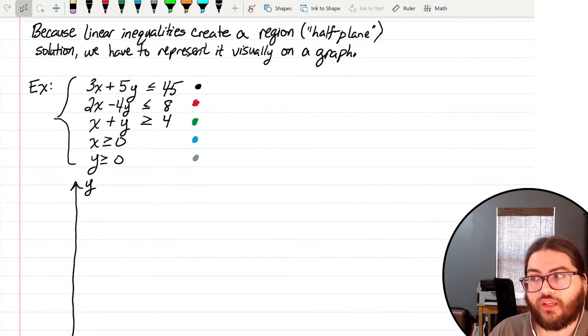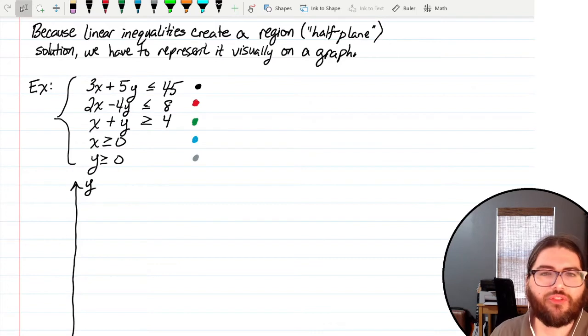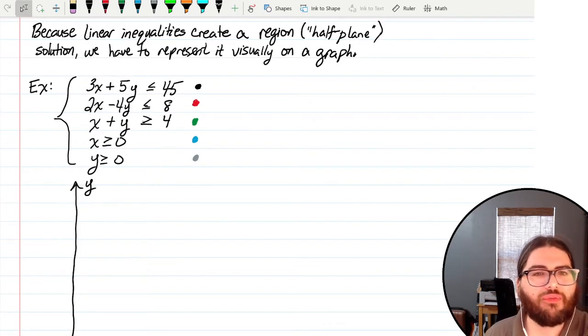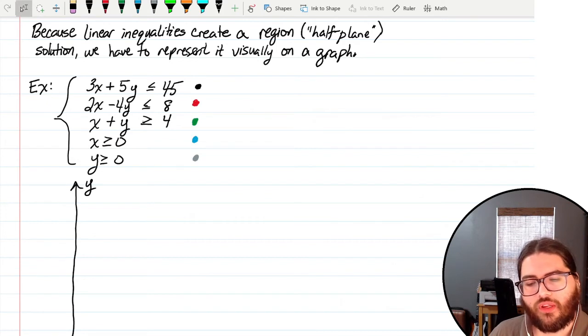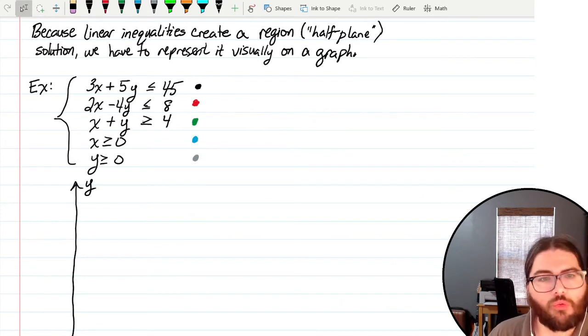Each one creates that half plane solution. That's what we call it. We shaded half of the picture. I know it didn't look like half, but we shaded half of the picture. And we've got lots of different inequalities. I know I could start with 2, but you know me, I like to jump straight into the deep end because if you can do the hard ones, you can do the easy ones.